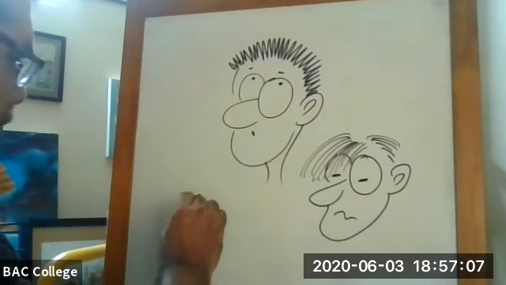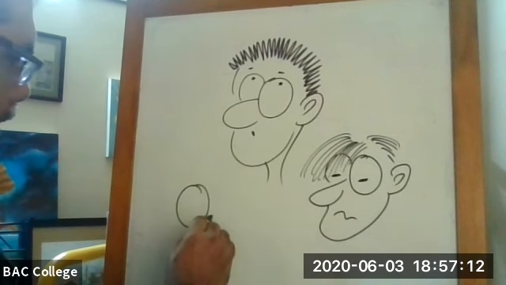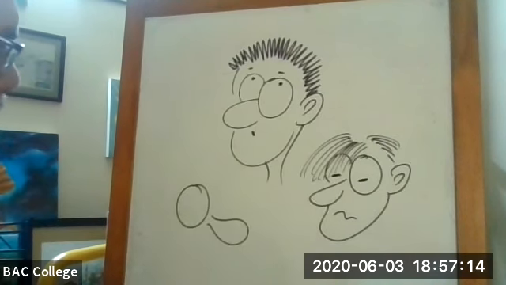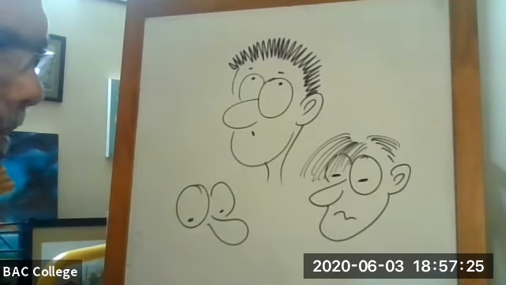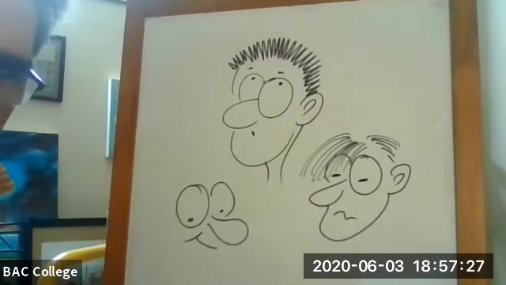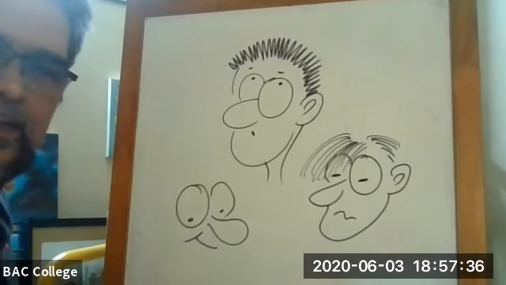Okay, let's get a ball, and then the nose, a different kind of a nose, another ball is looking down with a smile. Sai is saying hello to Pranat. Okay, can you all see?